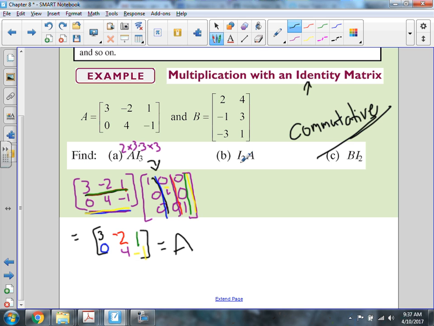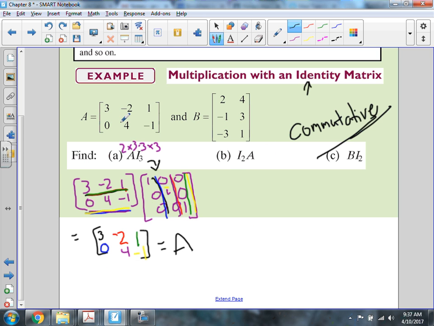So if I were to multiply I2 times A, it actually would work. And I would do it, but this is going to take a long time. So if I did I2 times A, I would get A as well. So multiplication with an identity is commutative. And it's really the rare case where you can multiply by I in the back or I in the front, and it both works. You still get A.